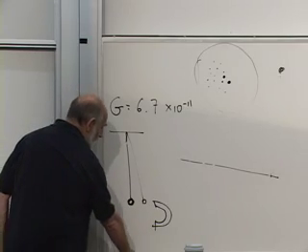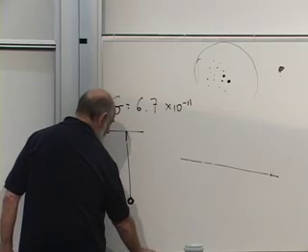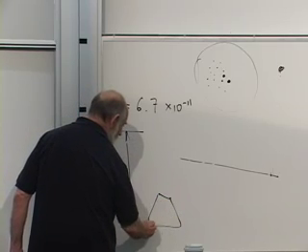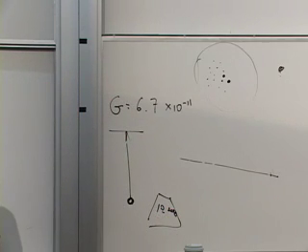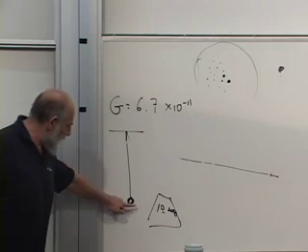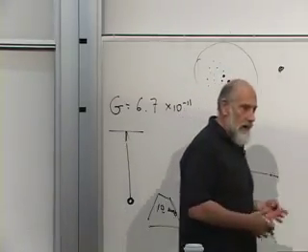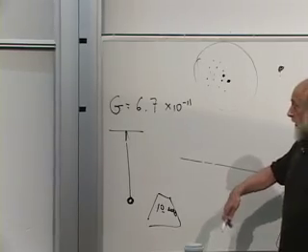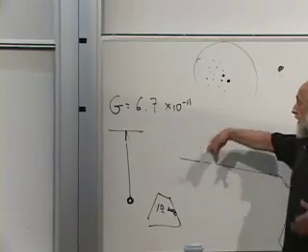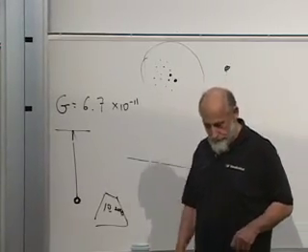Next, take a 10,000-pound weight and put it over here. Guess what happens? Undetectable. You cannot see anything happen. The gravitational force is much, much weaker than most other kinds of forces. And the fact that it's so weak is encapsulated in this small number here.